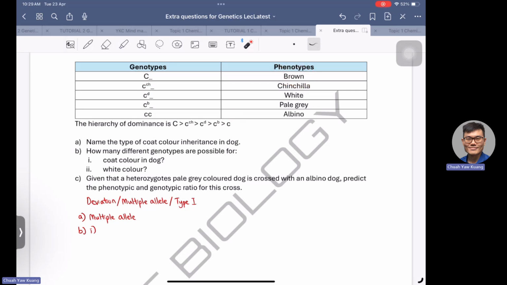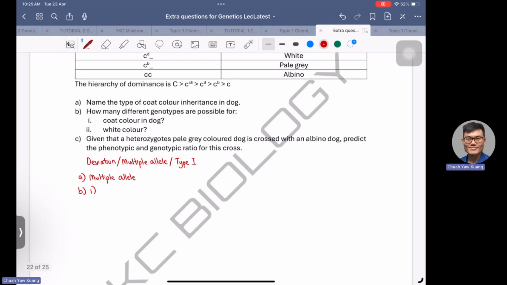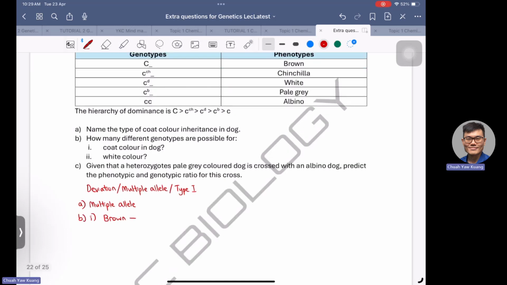When you count one by one like this, maybe I will list it down, but in the exam you may not have to, you just have to go through it. For brown color, if it is a big C, it is brown, so this is one type of genotype.